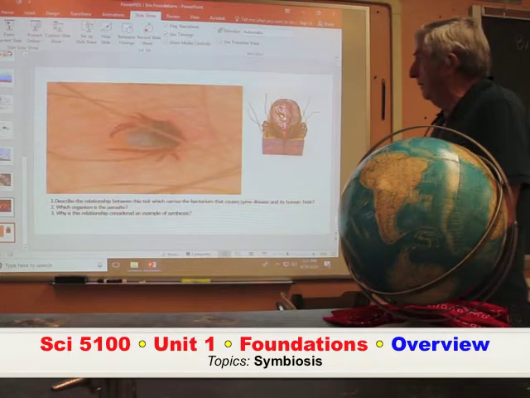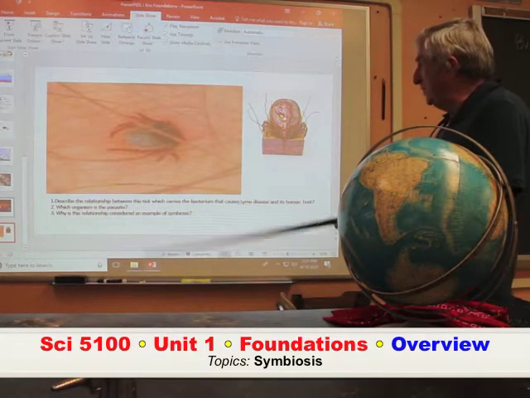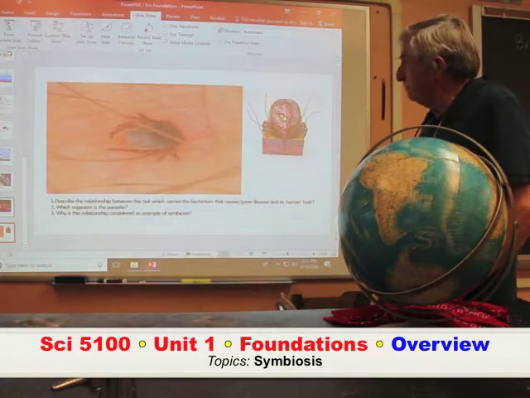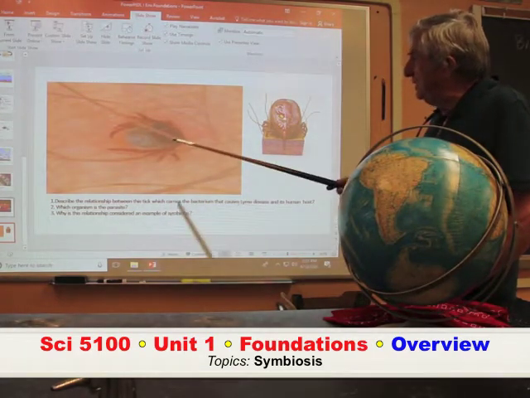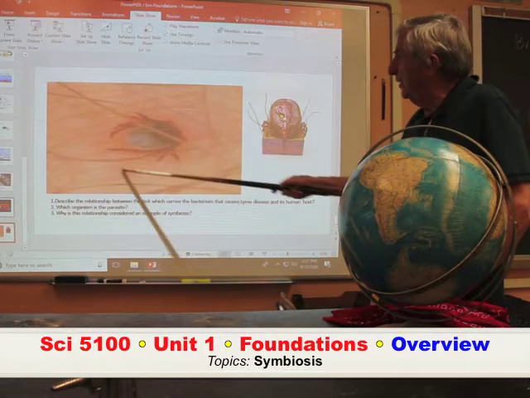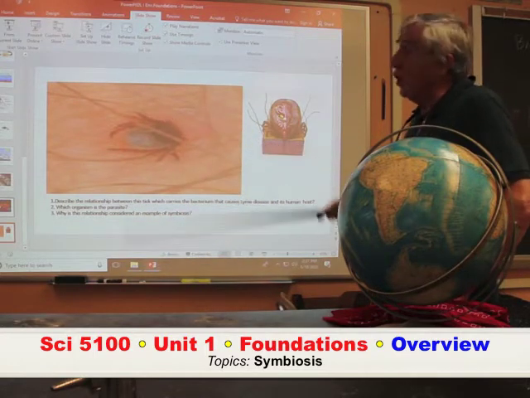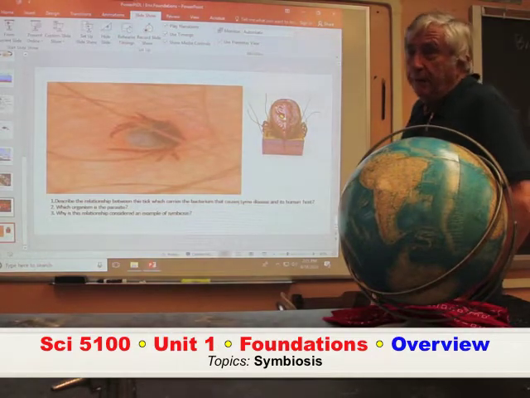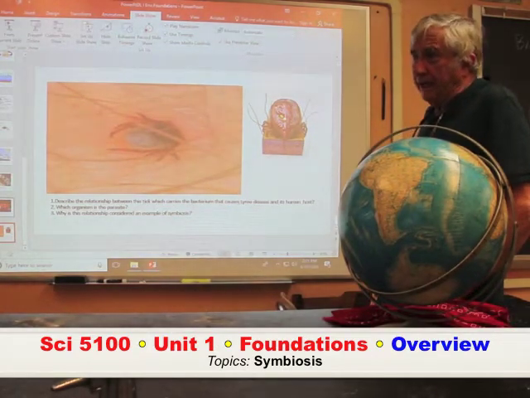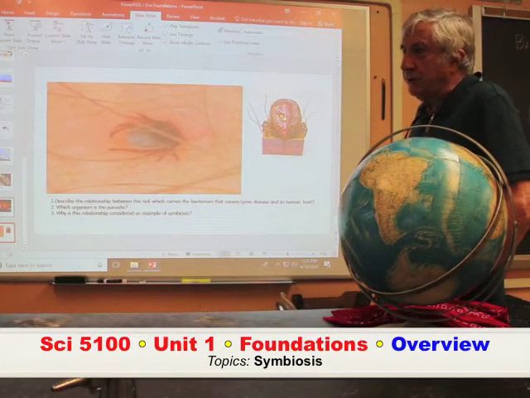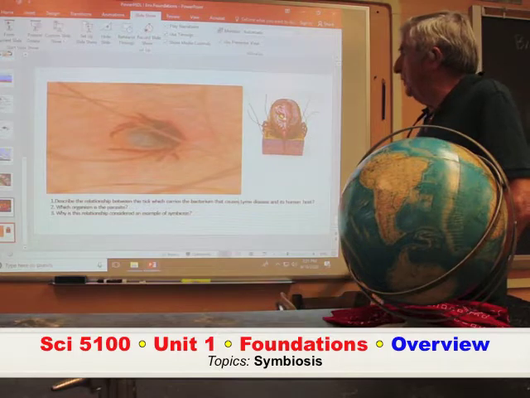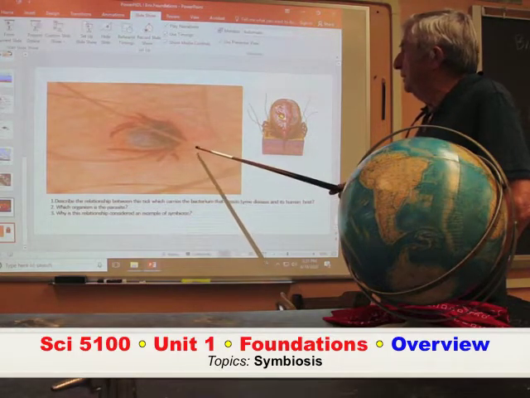And finally we have this creature, which is called a tick, T-I-C-K. And as you can see here, it's attached to the skin of a person. The person is the host. The tick carries bacteria in its body. So when it attaches to the skin of the person, they really want the blood from the person.